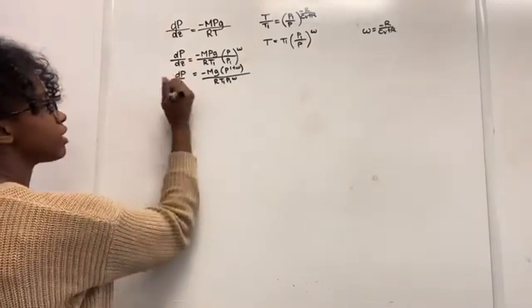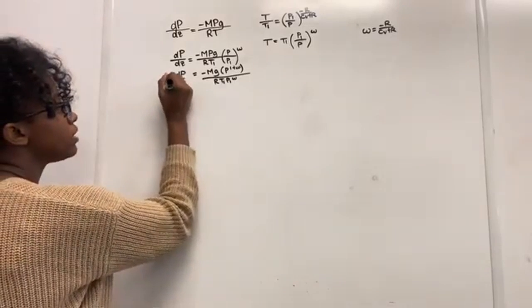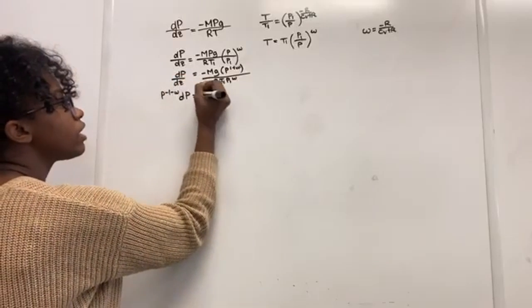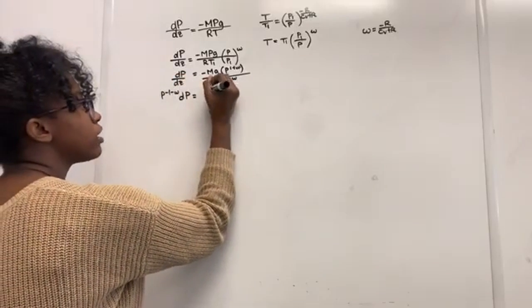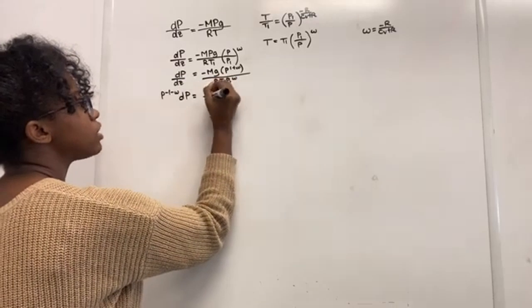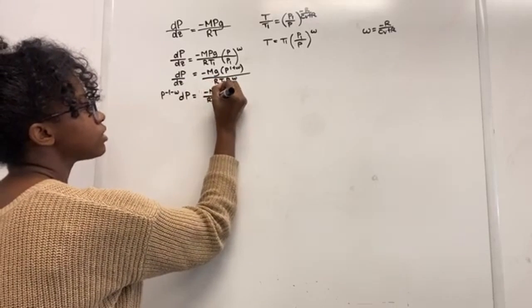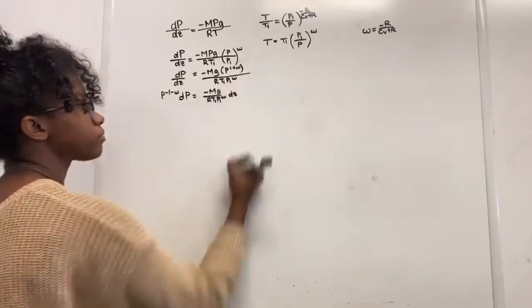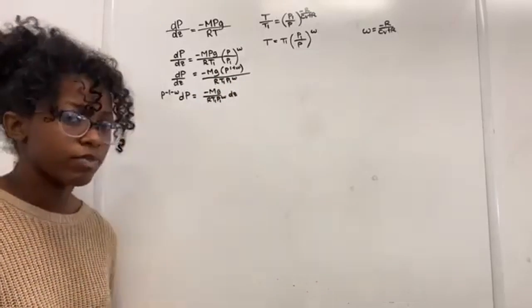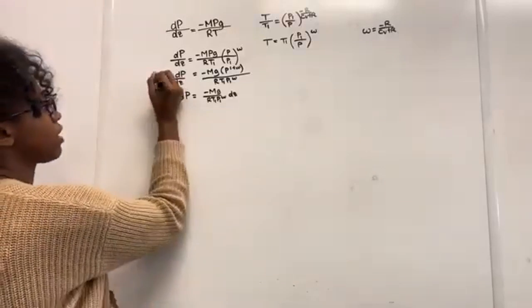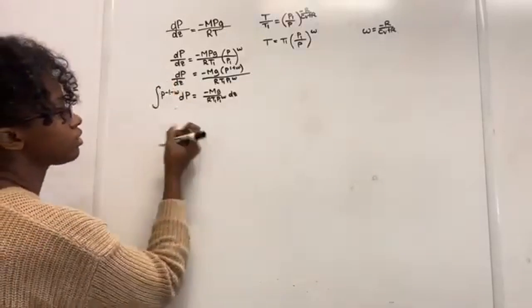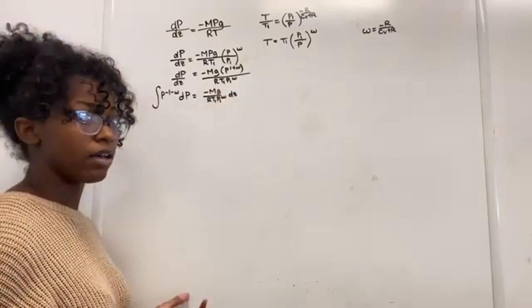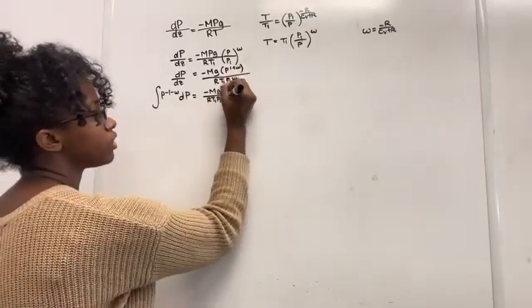And so that will give us P to the negative 1 minus omega times dP is equal to negative M times G divided by R times T1 times P1 to the omega times dz. And so now we're ready to integrate. We can integrate this term on the left, and since all of this is essentially a constant, we can integrate dz.